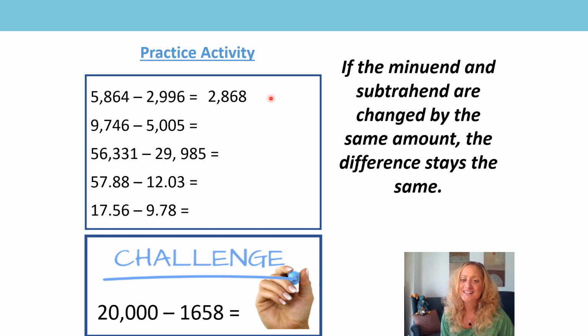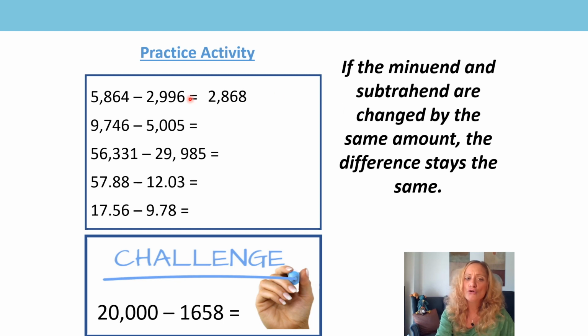How did you do it? What did you notice about this subtraction? That's right, did you notice that the subtrahend is close to a multiple of 1,000? Well done. And so how can we transform that to 1,000? We have to add on 4. Well done. And as we've said here, if the minuend and subtrahend are changed by the same amount, the difference stays the same.